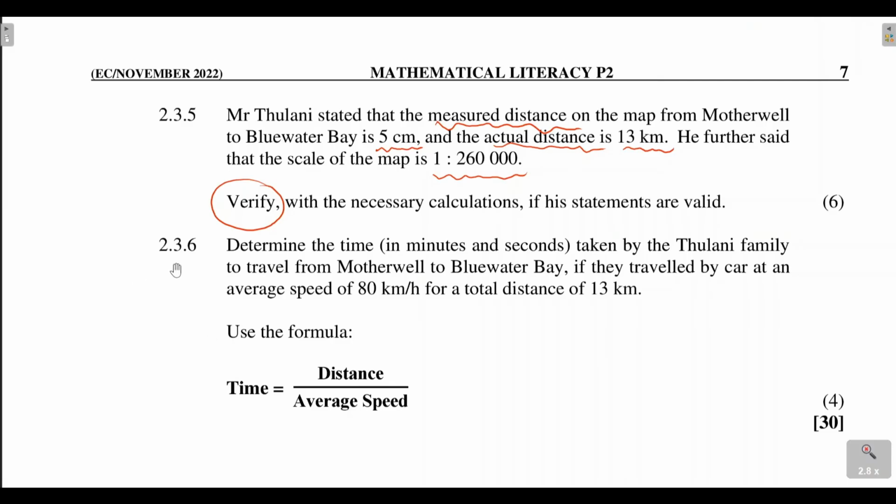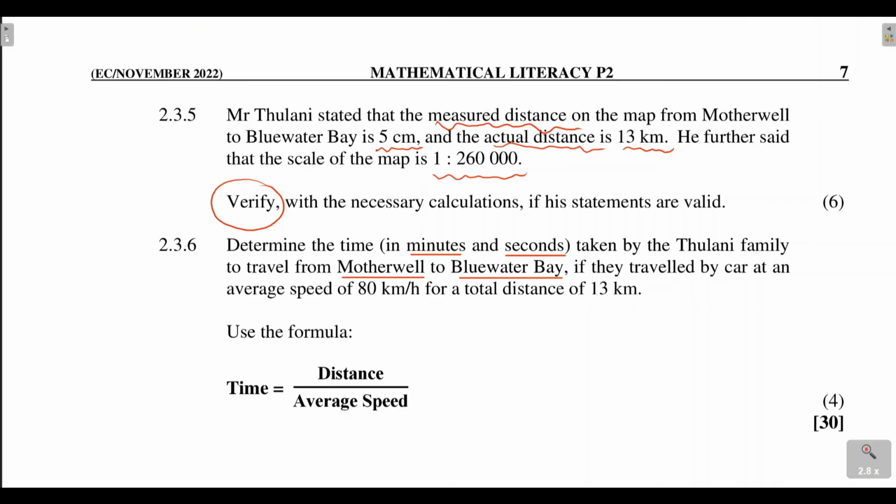Question 2.3.6 says, determine the time in minutes and seconds. You need to take note of what the question is saying. You want to determine the time in minutes and seconds taken by the Tulani family to travel from Motherwell to Blue Water Bay if they traveled by car at an average speed.